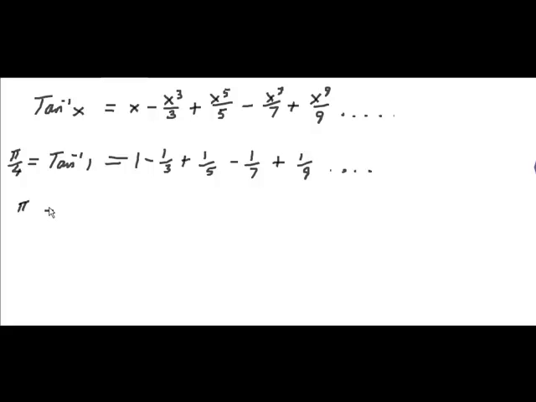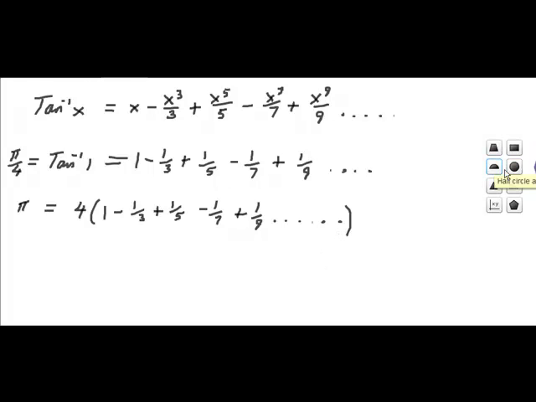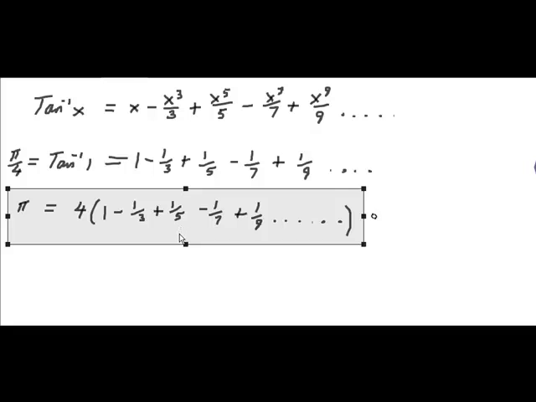Pi is equal to 4 into 1 minus 1 third plus 1 fifth minus 1 seventh plus 1 ninth, and so on. But of course, you've got to keep adding on numbers forever here to get more and more accurate. That's such an important formula, we'll put a box around it. We have now got a formula for working out pi.